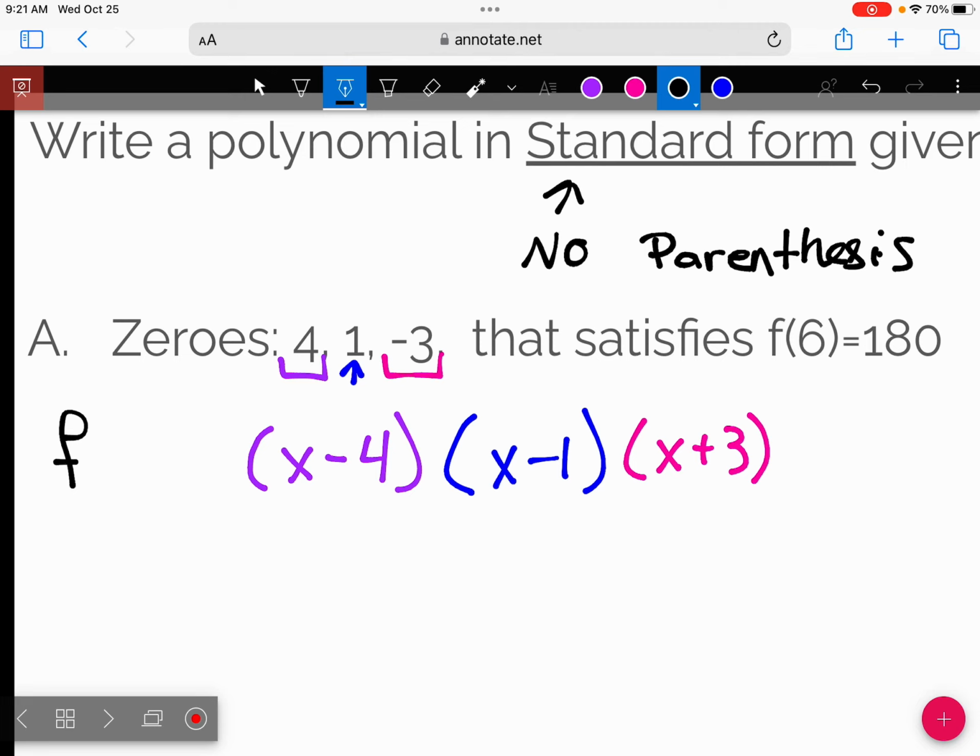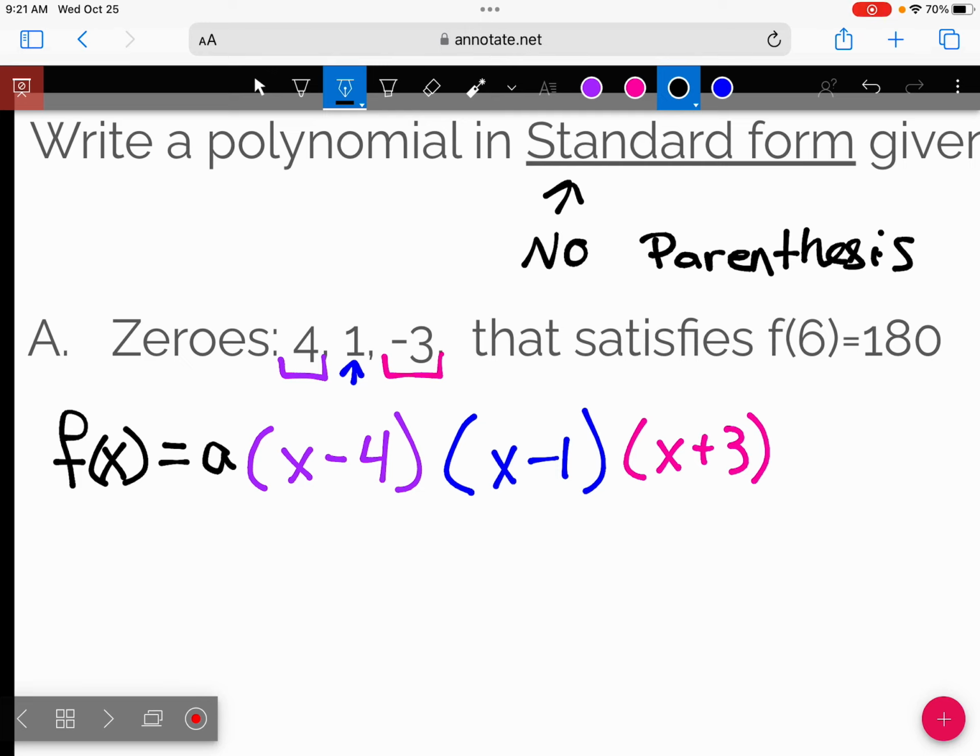This is our function rule where we don't know A. Making that A look like an A, not a 9. Okay, so it's just like we did on the last slide.